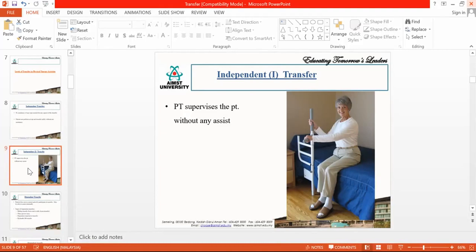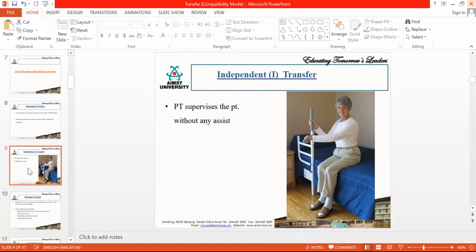So according to the level of transfer, we have two things. One is independent transfer, another one is dependent transfer. In independent transfer, the person will be able to get transferred by themselves, like how we are now. We can get up, walk to the bathroom, come back without any supervision.